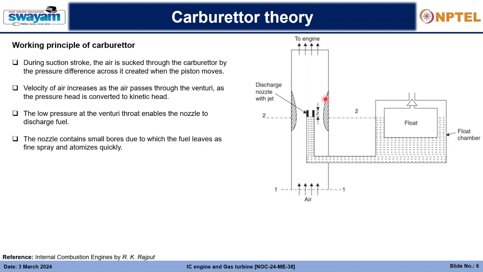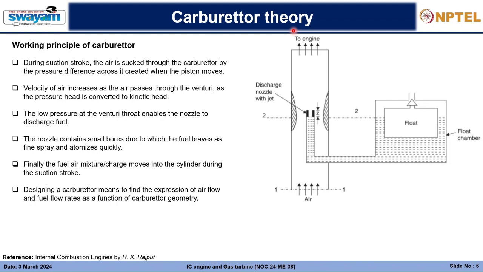That's why we need very small bores in the nozzle, and these small bores help in atomizing the fuel coming out. Then finally, the fuel-air mixture or charge moves into the cylinder during the suction stroke. Through here it will move into the cylinder, although there will be a throttle valve out here which will control the amount of mass flow rate coming inside the cylinder.